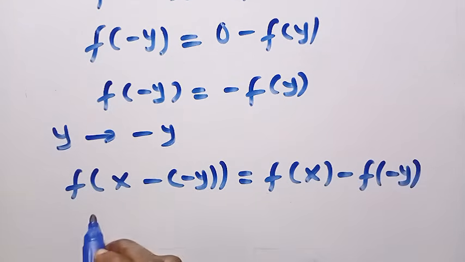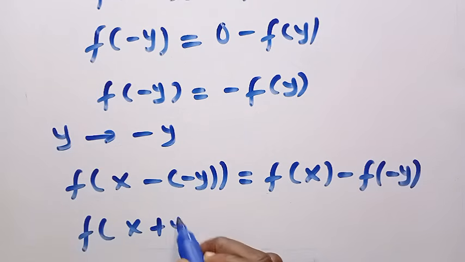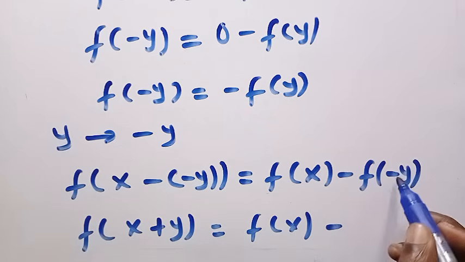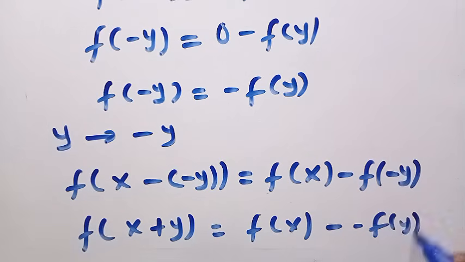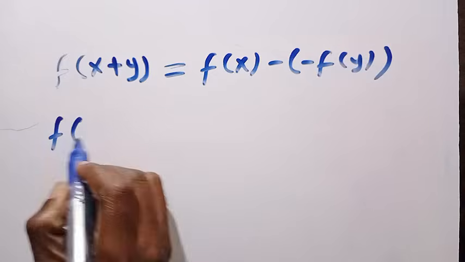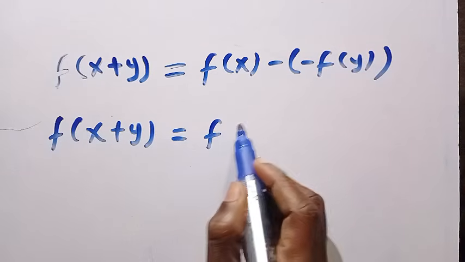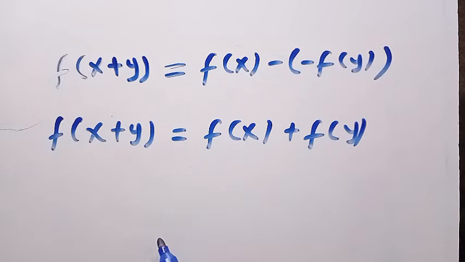And then minus times minus is plus. We have f of x plus y equals f of x minus, but f of minus y is given as minus f of y. If you multiply this together, we are going to have positive. So we have f of x plus y equals f of x plus f of y.